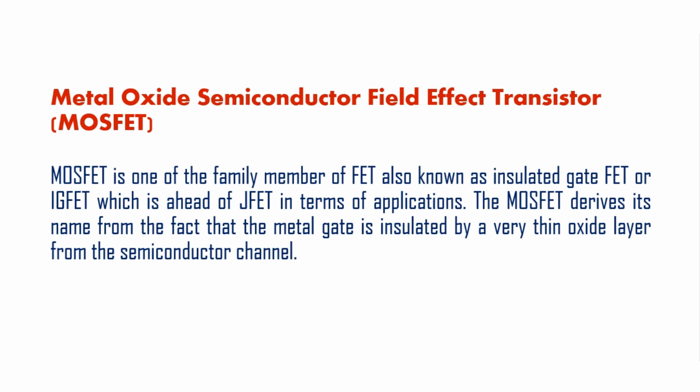So MOSFET is one of the family members of FET, also known as insulated gate FET or IGFET, which is ahead of JFET in terms of its applications. The MOSFET derives its name from the fact that the metal gate is insulated by a very thin oxide layer from the semiconductor channel.